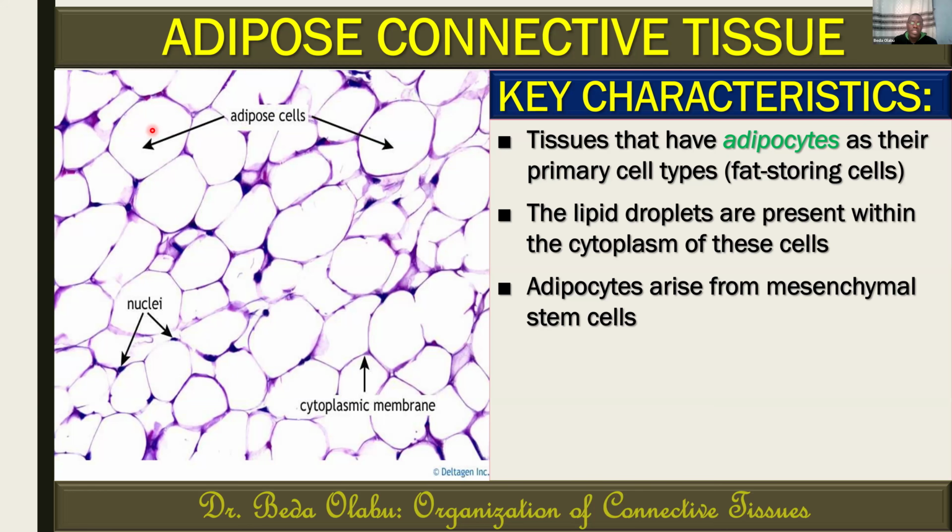The same stem cell also has capacity to give rise to fibroblasts, which form fibrous connective tissues that we've just talked about in the previous class. They also have capacity to form smooth muscles in some particular areas of the body.